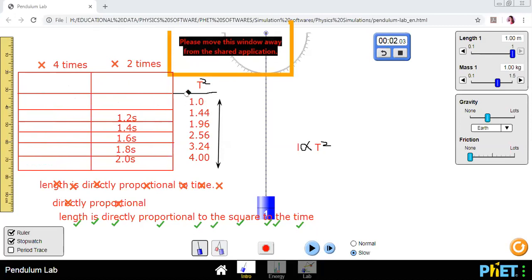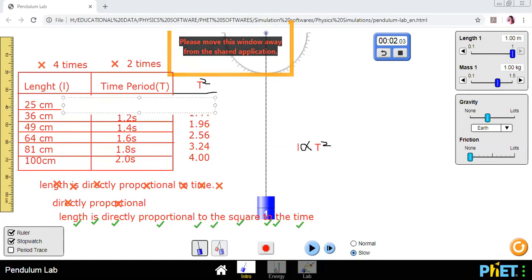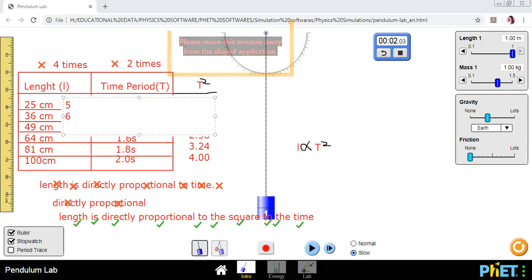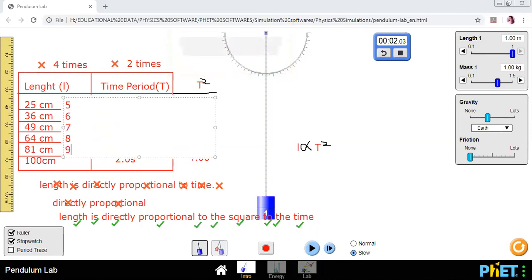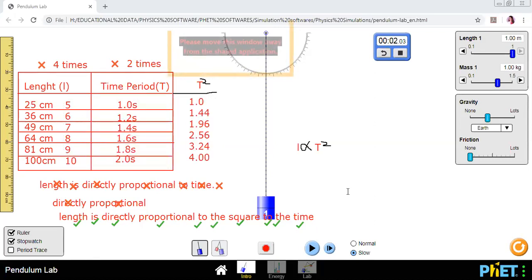What's the root of 25? 5. What's the root of 36? 6. What's the root of 49? 7. What's the root of 64? 8. What's the root of 81? 9. And what's the root of 100? 10. Clear?